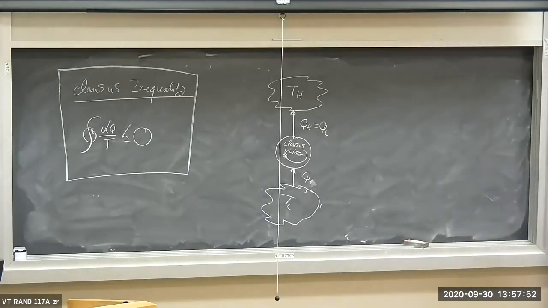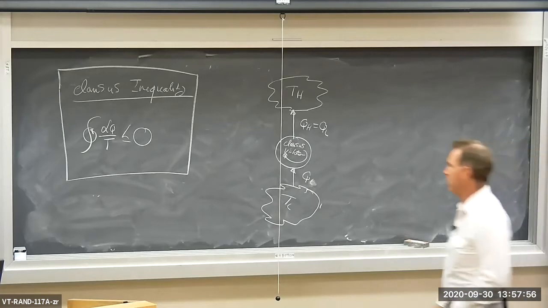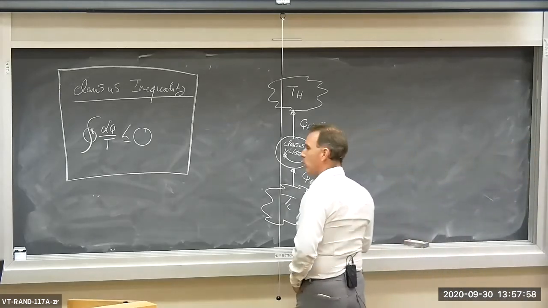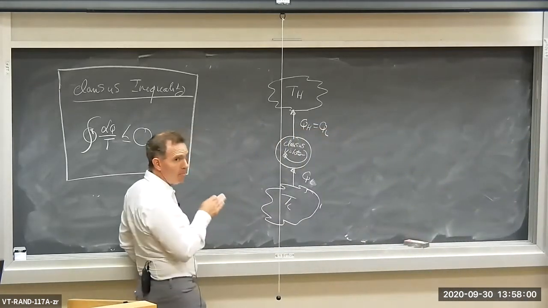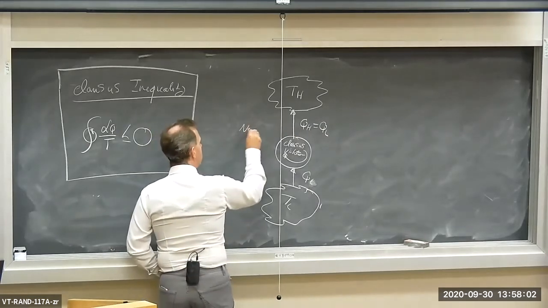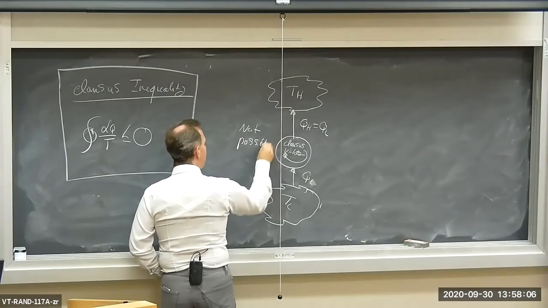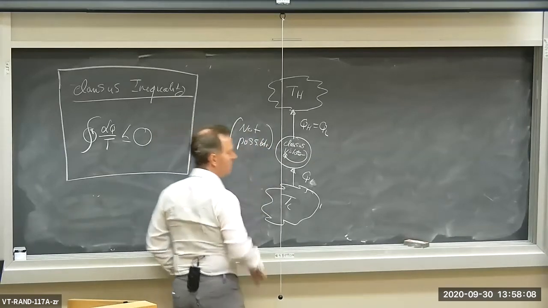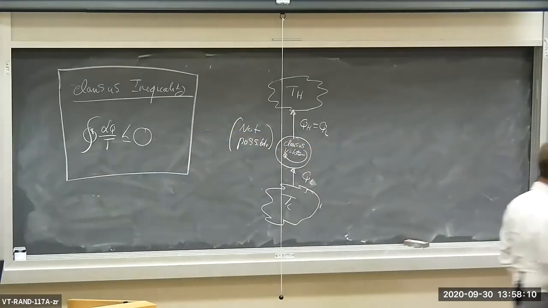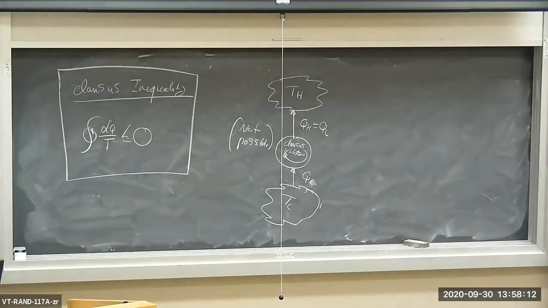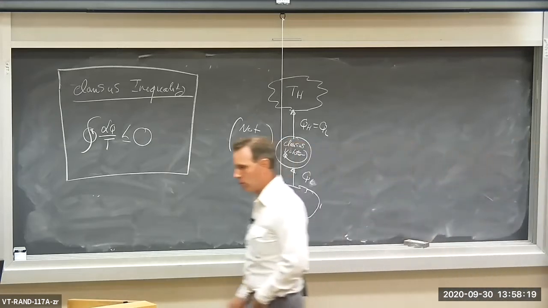It's not possible. That's why it's called a Clausius violator. So make sure you understand here, this thing is impossible. Not possible. I'm going to put that in parentheses just so we're clear about that. Okay, that thing is not possible. It's a Clausius violator. It violates the second law of thermodynamics, Clausius version or Clausius statement.